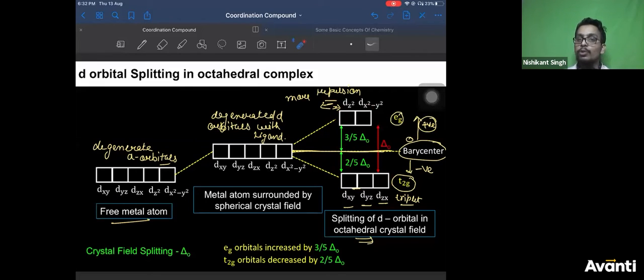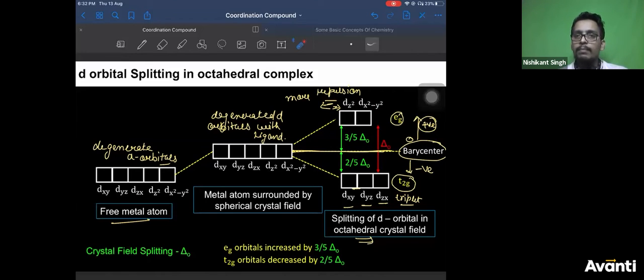People usually get confused here. The energy of the 3 orbitals has decreased with respect to the 2 orbitals, that's why it becomes 2 by 5, and the energy of the 2 orbitals is increased with respect to the 3 orbitals, that's why it is written 3 by 5. Okay, right?